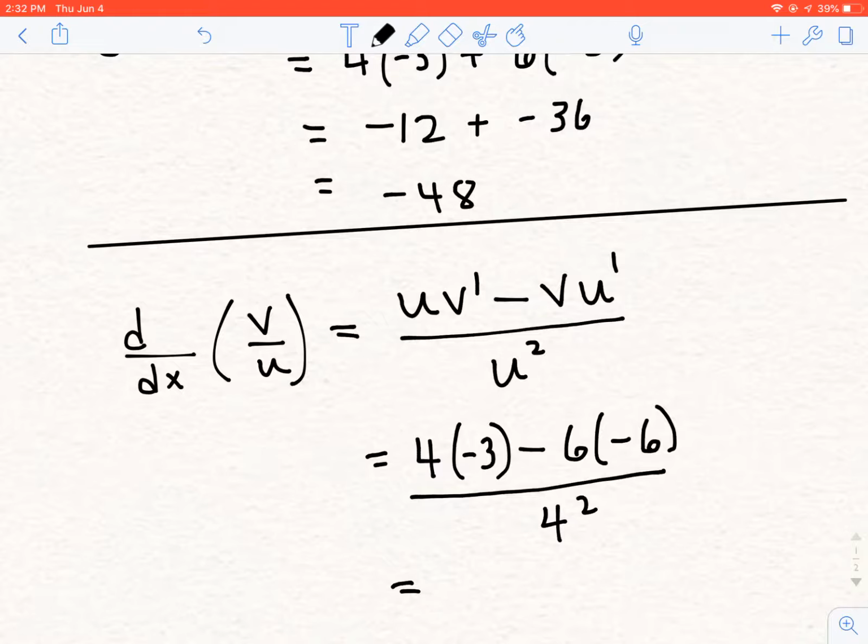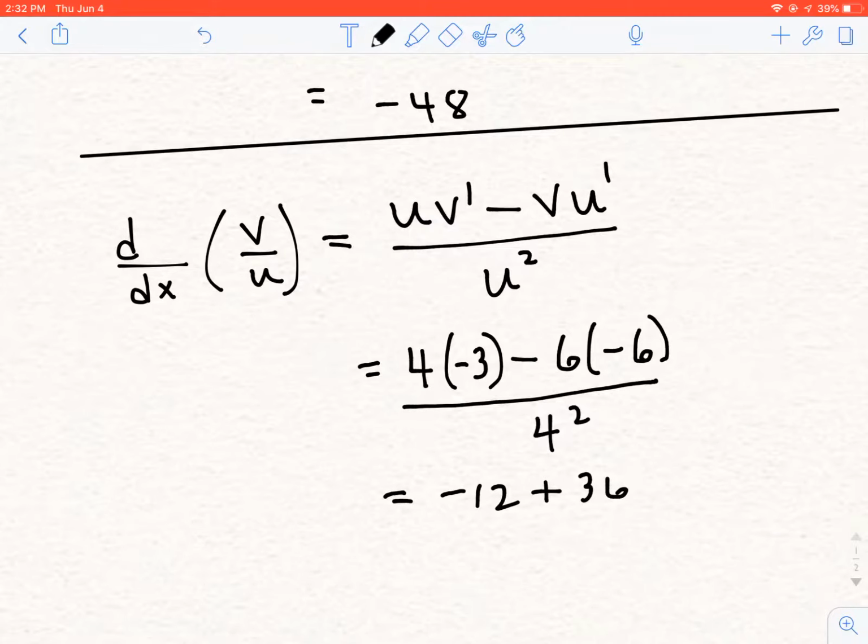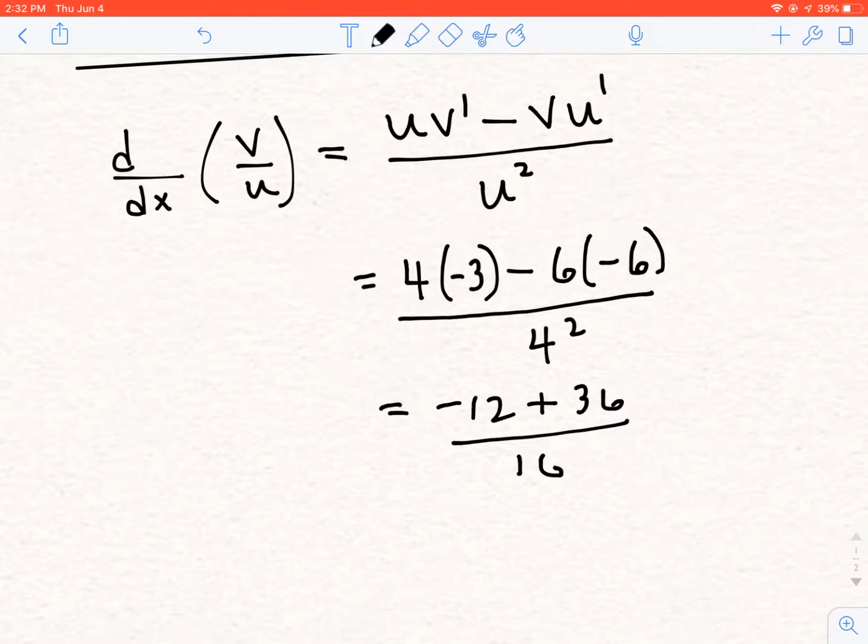So that makes -12 plus 36 all over 16. So -12 plus 36, what is that, 24? So 24 divided by 16, and then you can simplify that. 8 goes into both, so that would be 3/2.